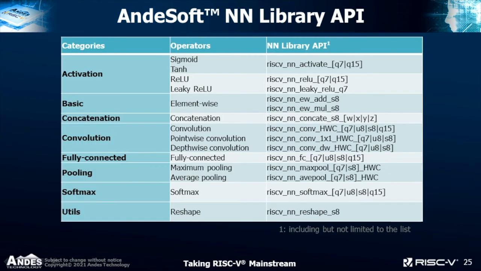This is the summary table of the Library API. Developers can implement most of the popular CNN models with the Library. Activation operators such as sigmoid, hyperbolic tangent, ReLU, and leaky ReLU.